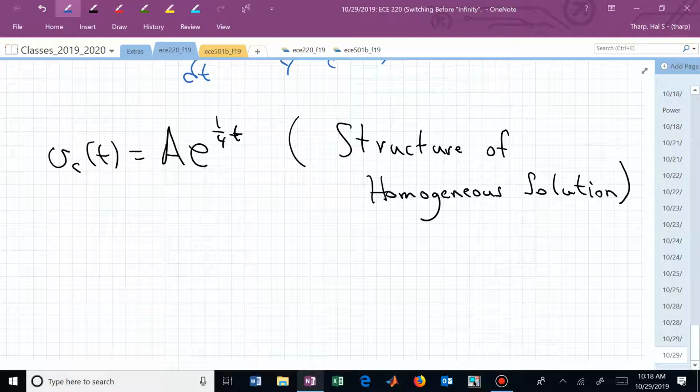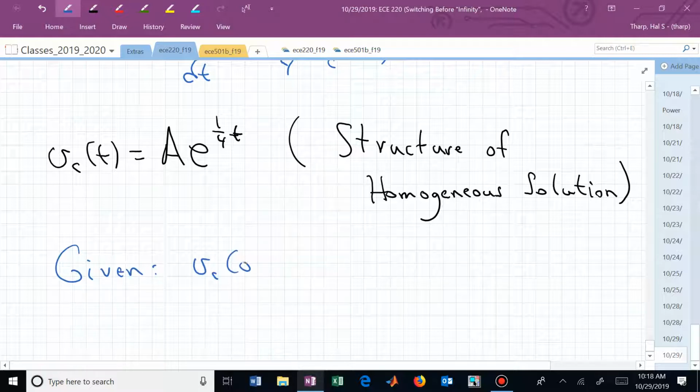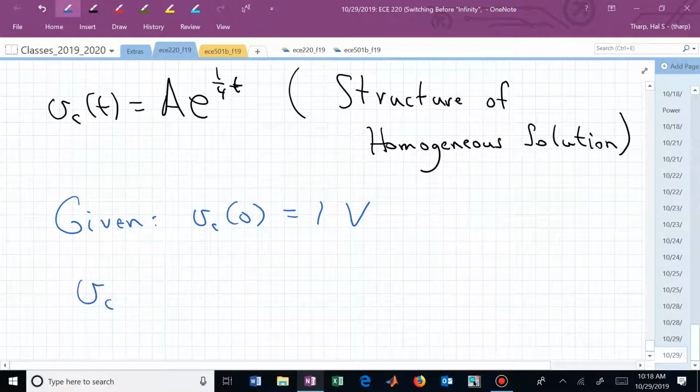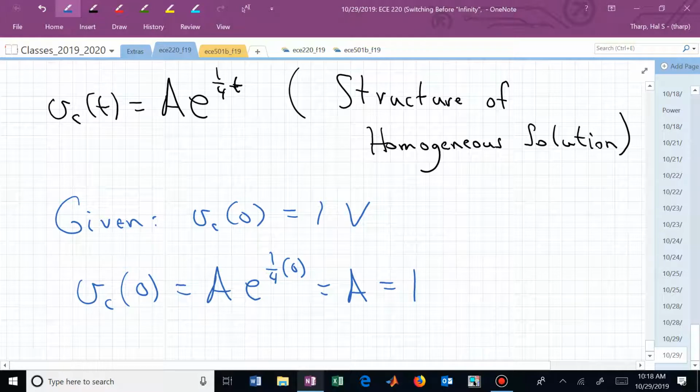And A we can find given the initial value that we were given for that capacitor's voltage. We said we're starting it at 1 volt. That was a given piece of data. We were given that V sub C of 0 was 1 volt. And now we know the structure of V sub C of t. Let's evaluate it at 0 and set it equal to 1.